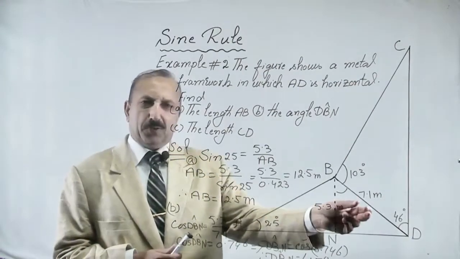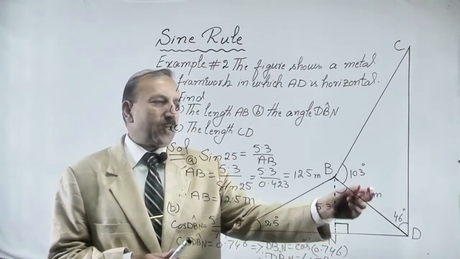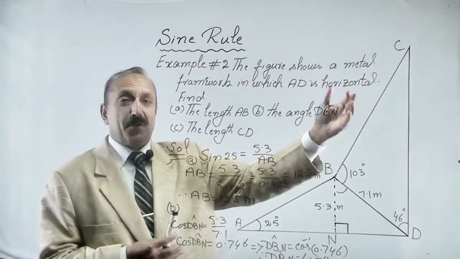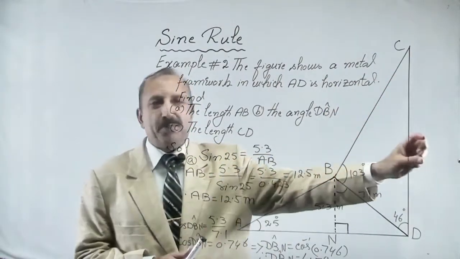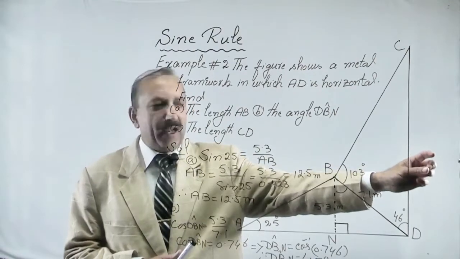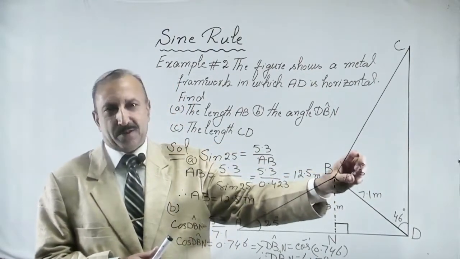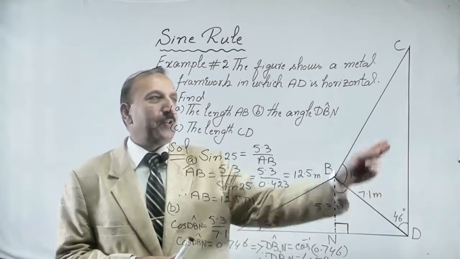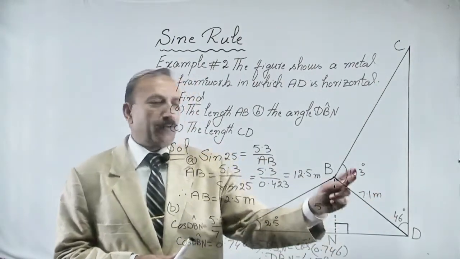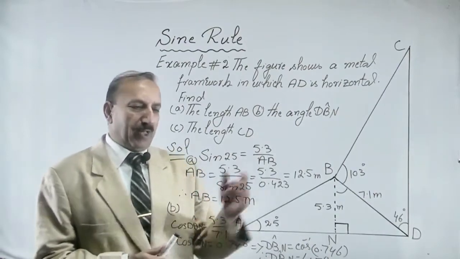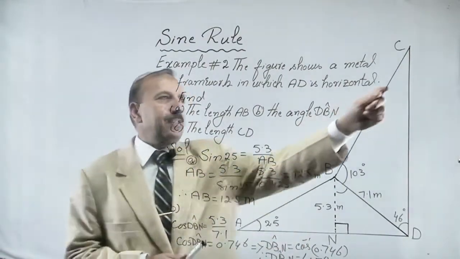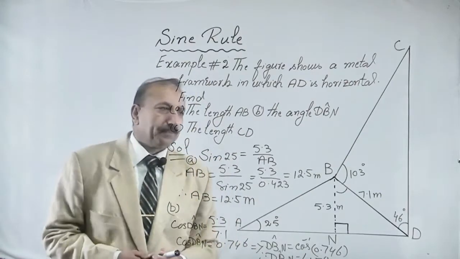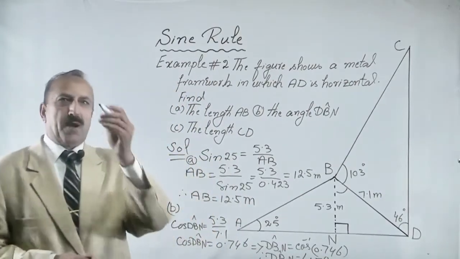This given value 7.1 side doesn't have its respective angle. This angle is not present, which is essential for using the sine rule. This side we want to find, and its respective angle is present. For using the sine rule, we must have the angle in front of this. So these two angles 46 and 103 will help us to find this angle here, and then we will carry on with the sine rule.